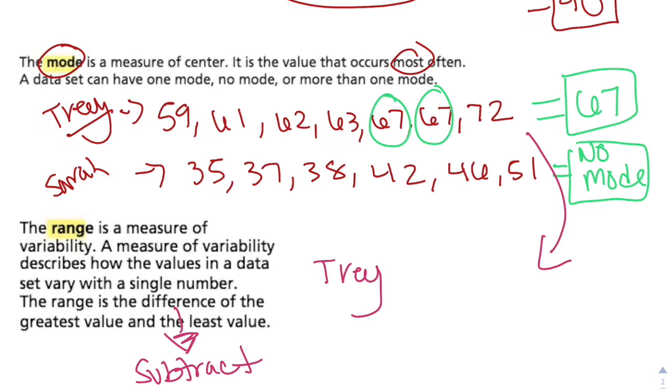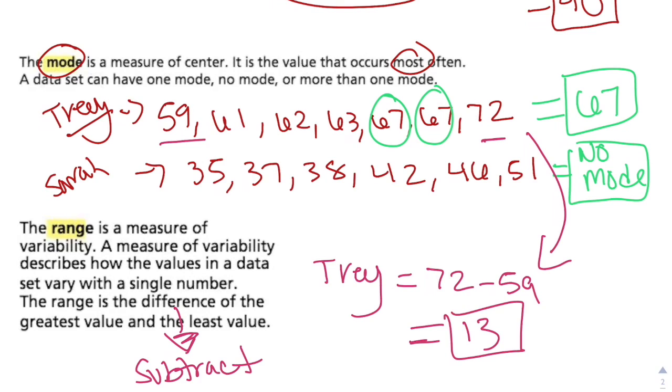Our largest number for Trey was 72, and our smallest number was 59. So to find the range, we simply subtract these two numbers. 72 minus 59, so our range for Trey is 13. Basically this means Trey's values can vary by 13.